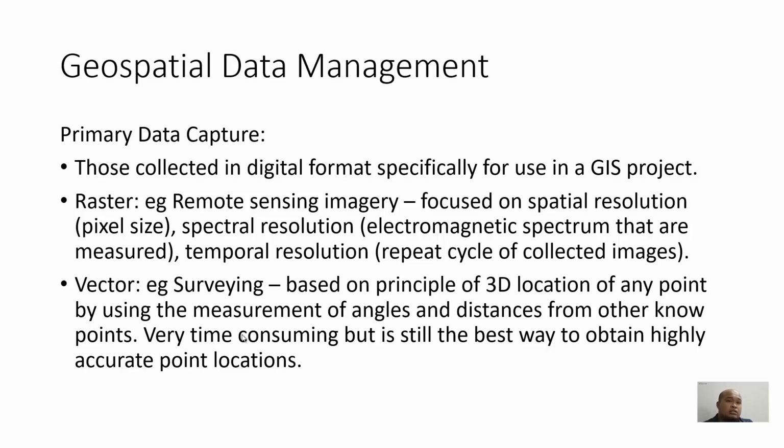It is a satellite, but the satellite consists of multiple sensors, right? So one of the sensors is the spatial resolution sensor, where the finer the sensor, the higher the resolution of that image.